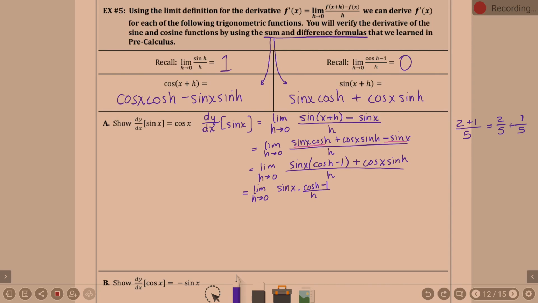Okay, so that represents the first part. Plus, I'm going to do a second limit because I'm breaking this up into two pieces. Limit as h approaches 0. This one is cosine x times the sine h over h.